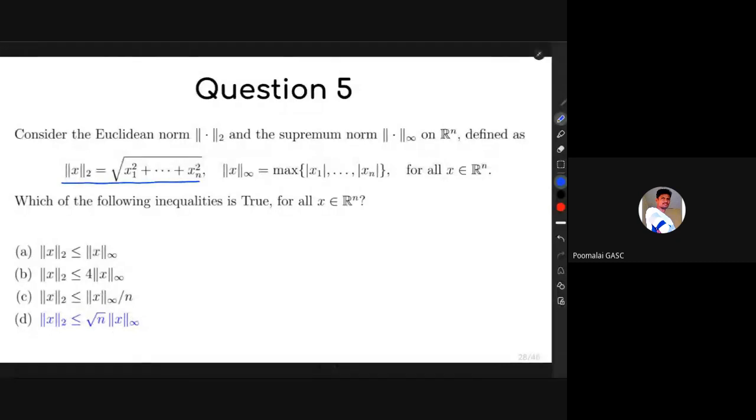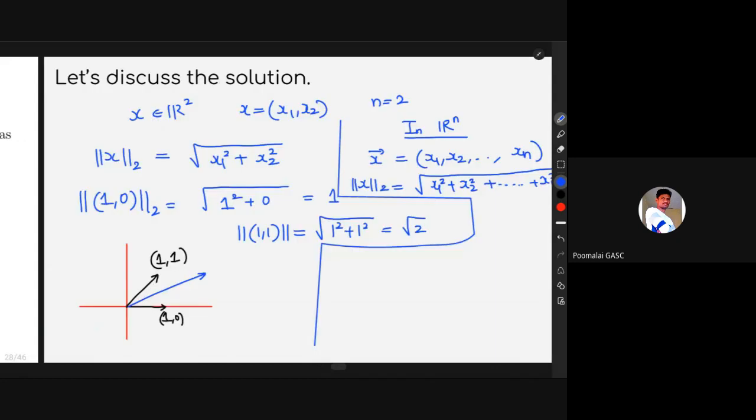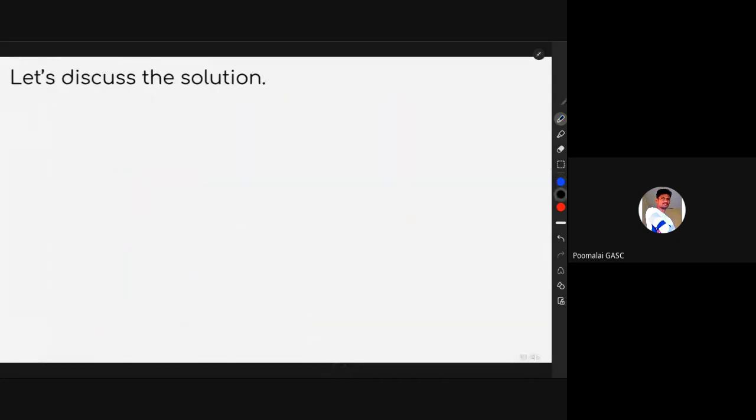Now we move on to discuss the supremum norm. Let's see first on R. When we have R, any vector in R is just a single coordinate, a real number.